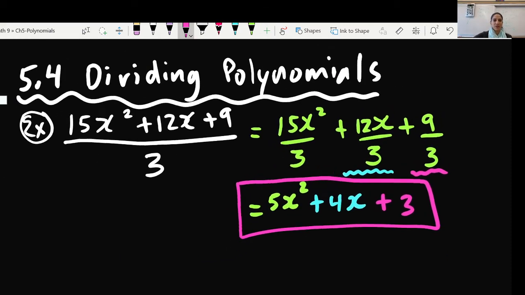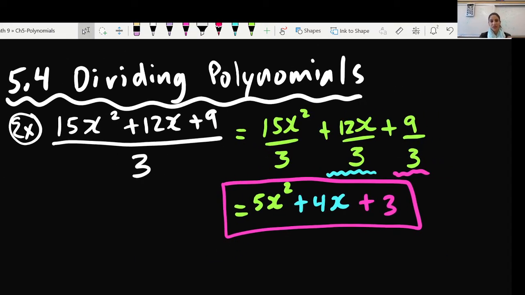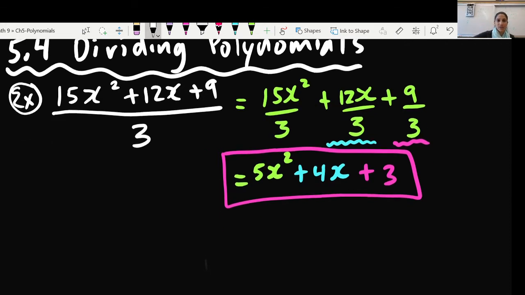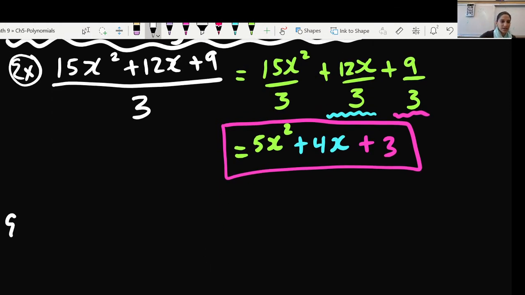To go back and look at the bigger picture, we go back to the original and we can see that we're just separating each of the terms in order to simplify. Also, I checked and noticed that the answer is written in descending order, which is correct. So that's how I would want to leave it, and it's looking pretty good.